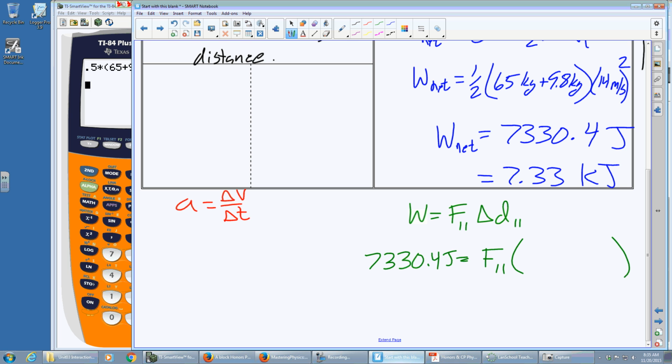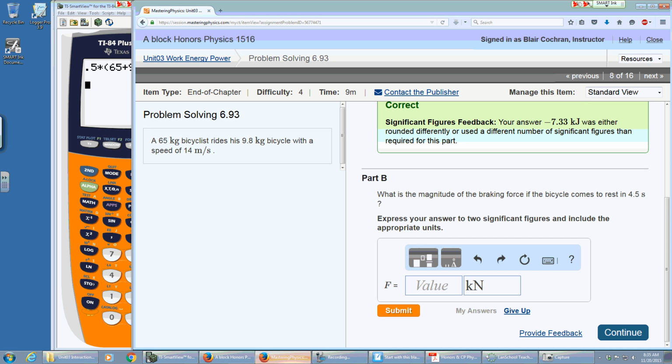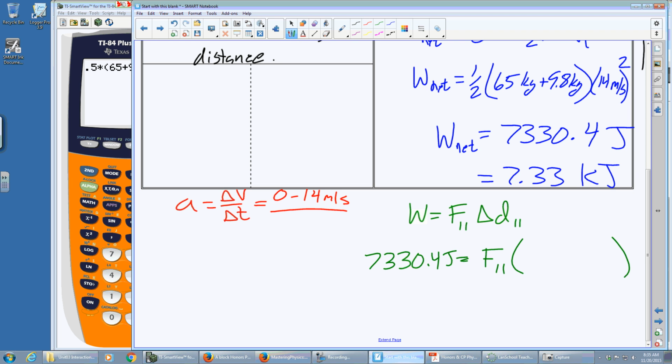So in this case, the acceleration is 0 minus 14 meters per second over my time. What's my time? 4.5 seconds. And so I get an acceleration of negative 14 over 4.5 meters per second squared, right?